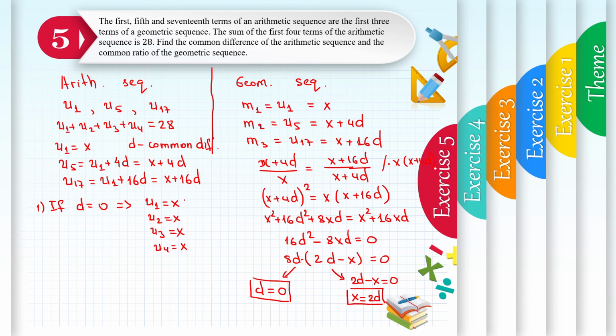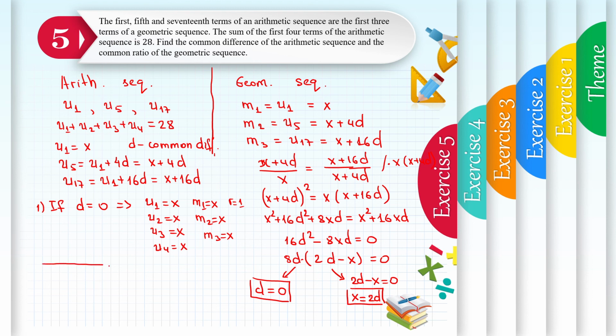The common difference is 0, and our geometric sequence has the first term equal to x, the second equal to x, and the third also equal to x. This means that the common ratio is equal to 1.